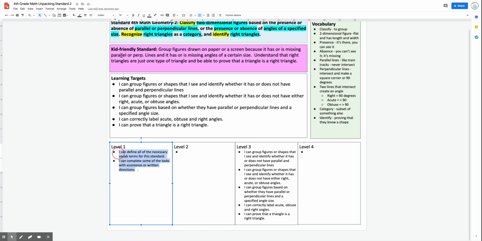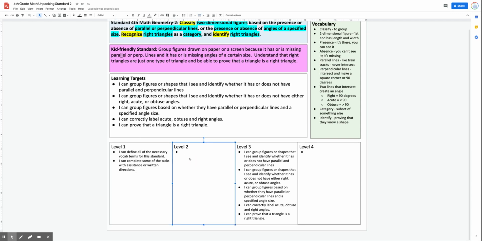This is a really simple way to simplify level 1. Now, a student shouldn't be staying at level 1 the whole time. So when you give that pre-test, you're going to have these vocab terms on there, and you're going to see how much he or she knows. This is where they might be, right?